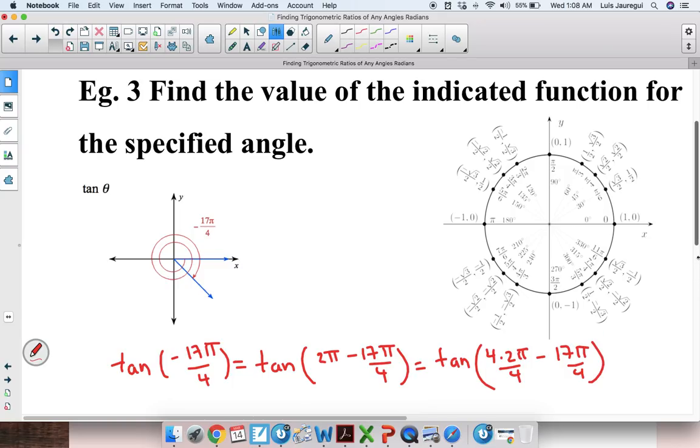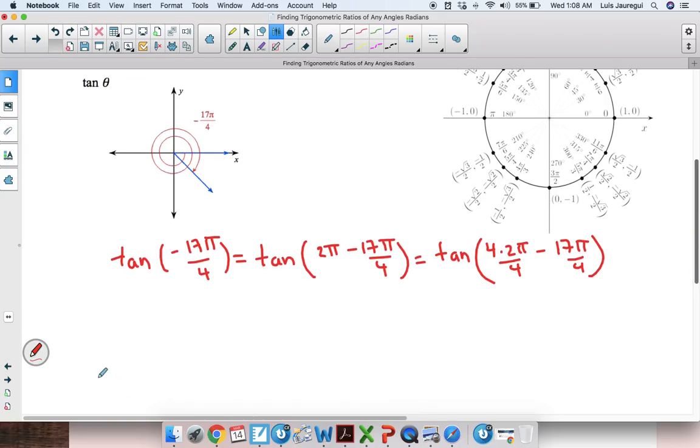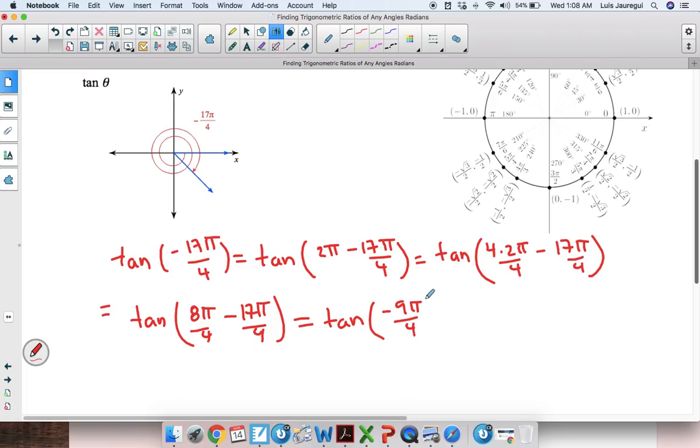So this happens to be the same as tangent of 8 pi over 4 minus 17 pi over 4, which happens to be tangent of, in this case, 8 pi minus 17 pi is negative 9 pi over 4. Notice this is still a negative angle, so we're going to continue the process.